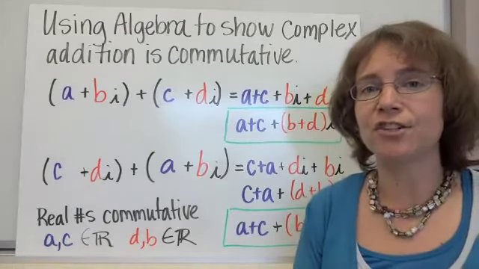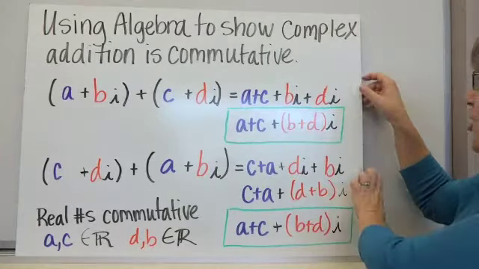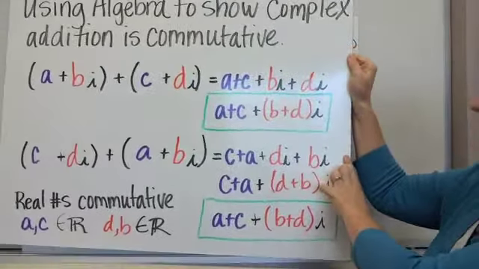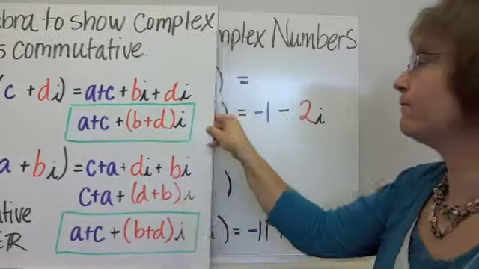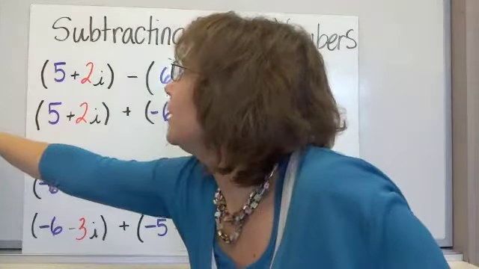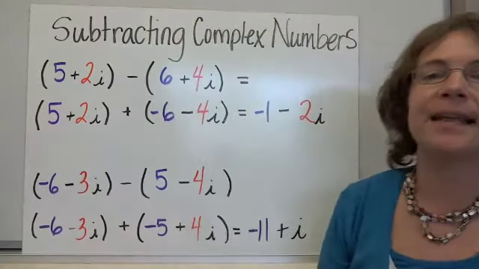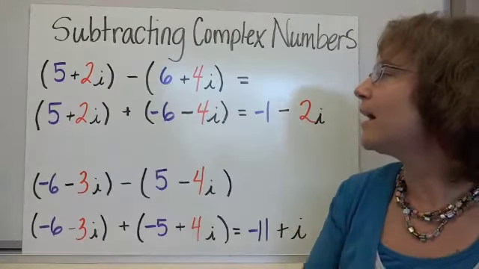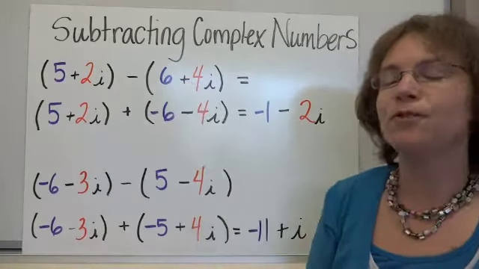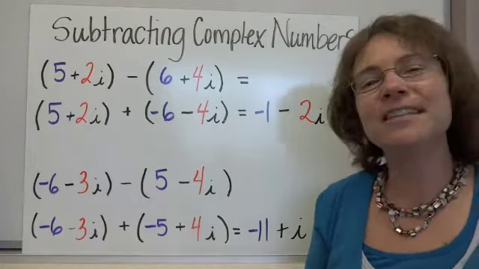Now let's look at subtraction, which is a lot like addition, actually. And we're going to look at subtraction of complex numbers. So let's give a specific example, 5 + 2i minus 6 + 4i. Works kind of the same way.